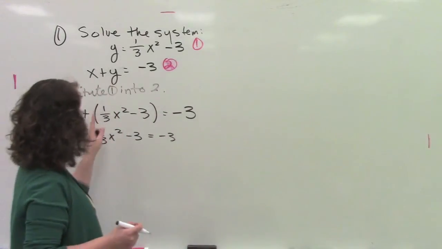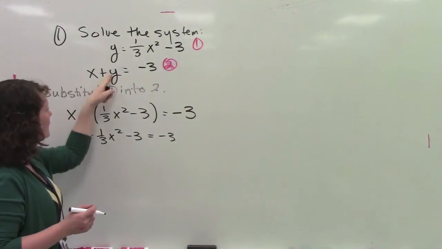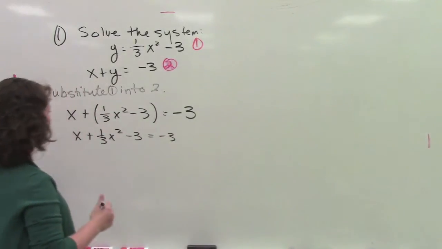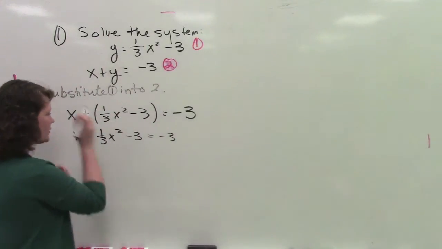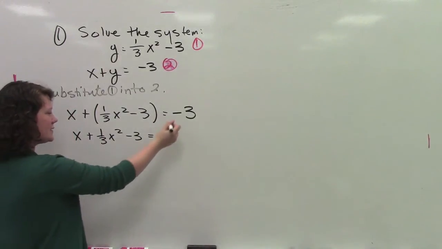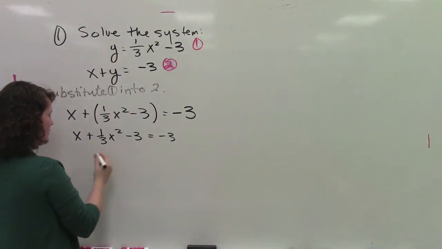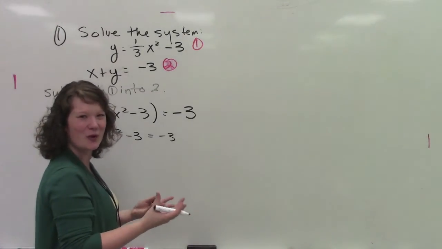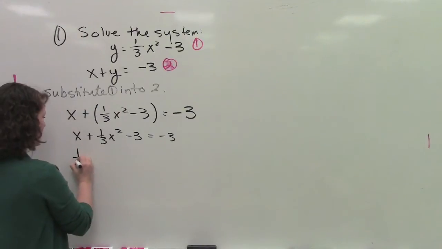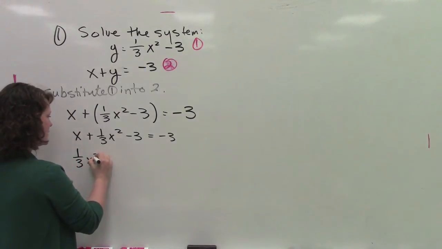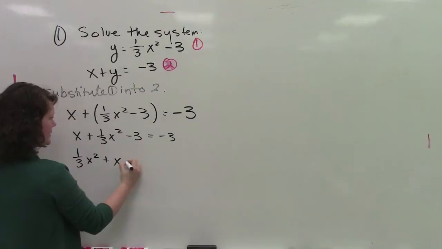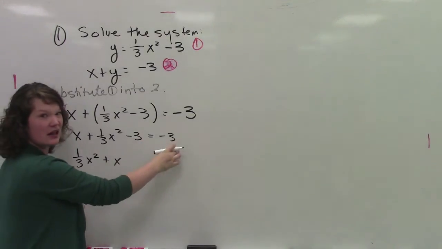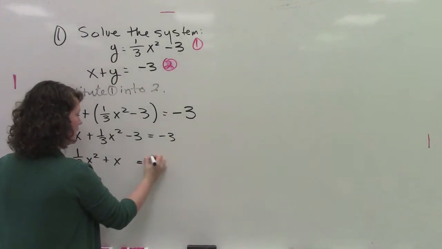But if the y would have a coefficient, especially if it's negative, it's really important to keep those things in brackets. Now I want to make sure that everything's off to one side, so I'm going to add 3 to both sides, and I'm going to change the order a little bit so it looks more like a general form quadratic equation. 1/3 x squared plus x, -3 plus 3 is 0, so we're going to get no constant term, equals 0.